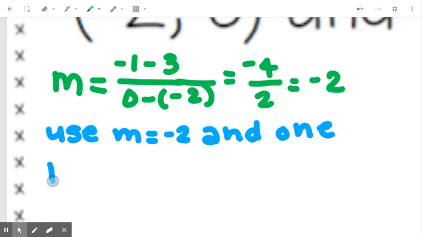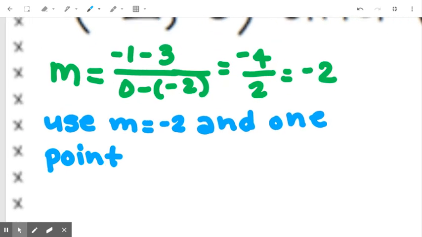You could use either point given above, it does not matter. I'm just going to use the one on the left, -2, 3. You can pick either point based on the size of the numbers or the negatives or whatever.